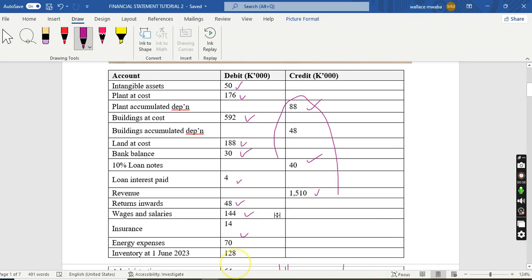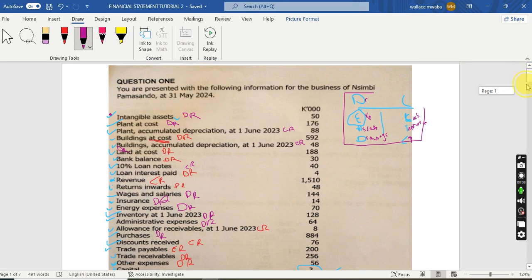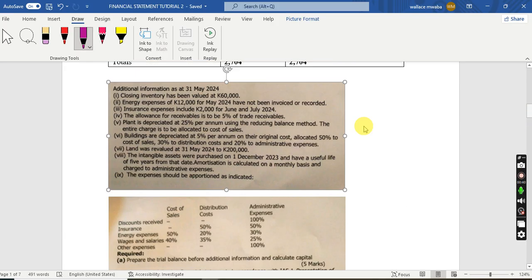So here we must be careful. There's some additional information which will affect the trading account. Certain expenses are going to be charged to the cost of sales: energy expenses and wages and salaries, 50% and 40%.